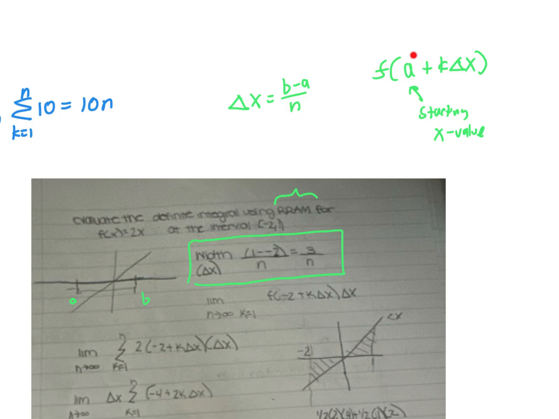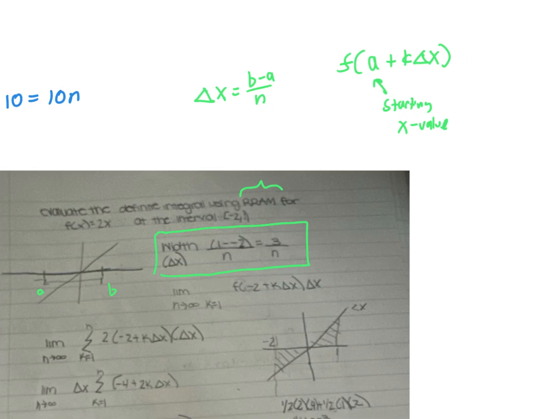Now, as it pertains to dealing with this f of blah, okay, the starting x value is this. It's a, right? So that's going to be -2. And that's why the teacher emphasized this right here. Okay. So it turns out that for this particular problem, the function could be represented as -2 plus k times delta x.